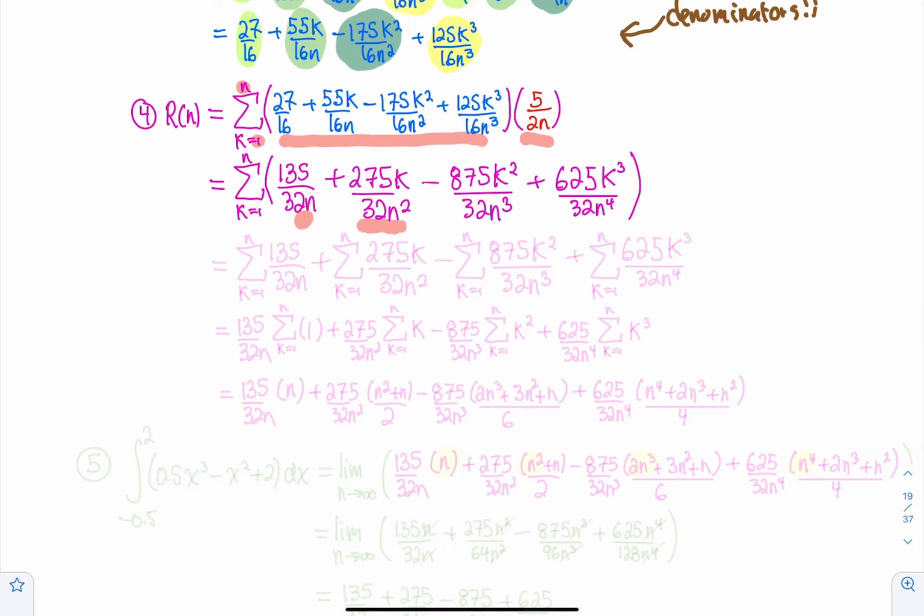If you multiply 5/2n times minus 175k²/16n², you're going to get minus 875k²/32n³. And if you multiply 125k³/16n³ by 5/2n, you're going to get 625k³/32n⁴. So that's simply distributing the delta x inside the formula for f of xk.